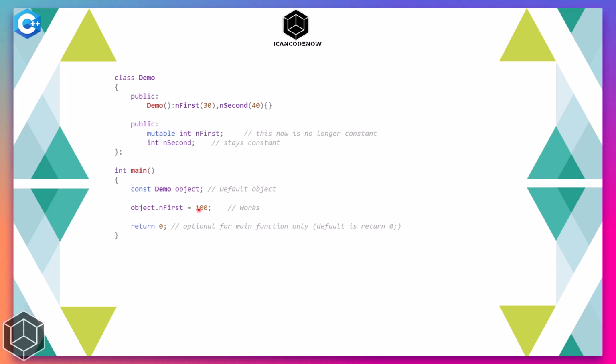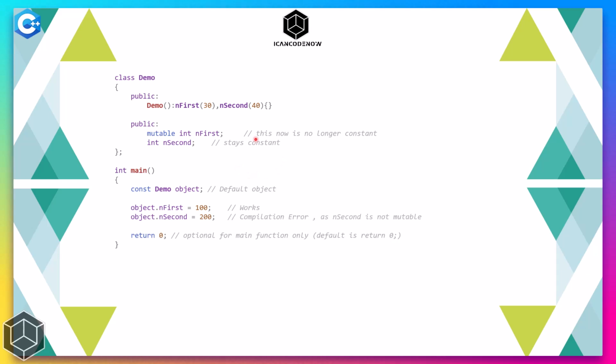This whole object here is constant except for the n first member variable, because we have applied this mutable keyword to it. Now I can change this value, and if I still want to access n second, I won't be able to do so because n second is constant by default. It has no mutable applied to it.